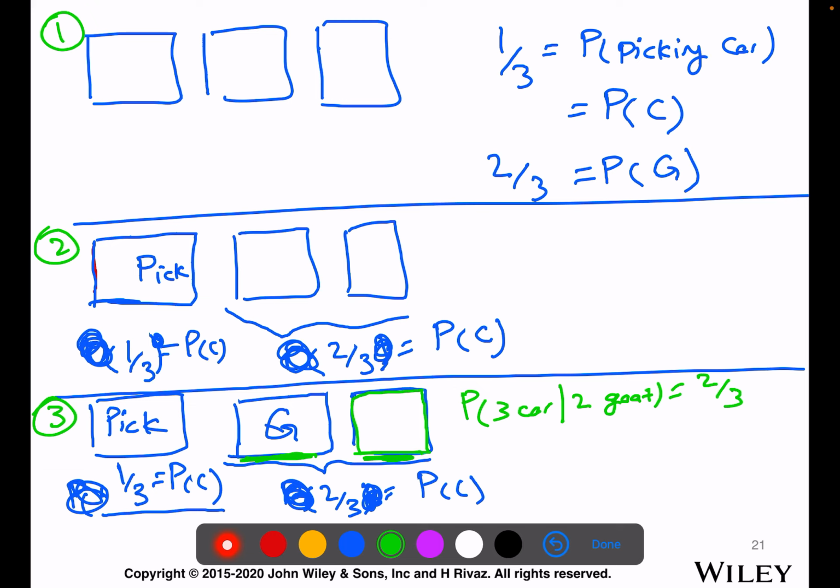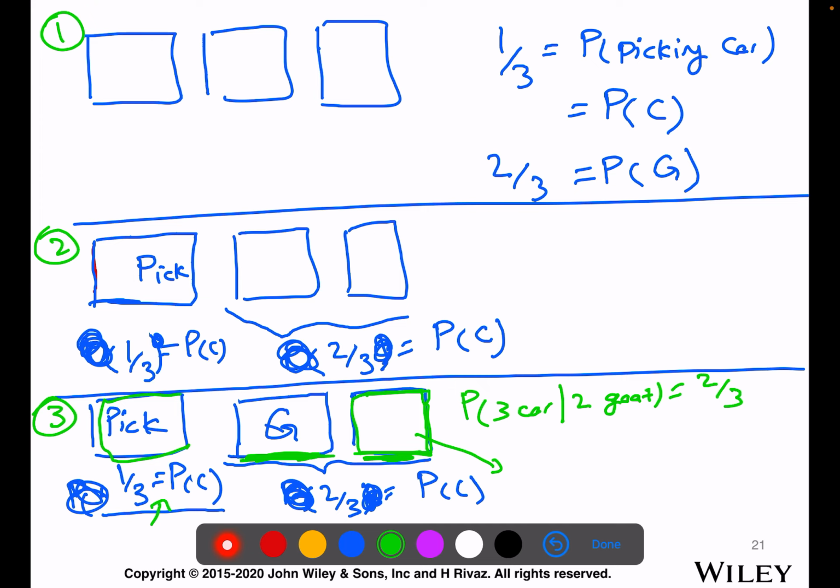Even though you have a conditional probability, that wouldn't change it to 50-50, which some people would assume. Basically, the argument is that once you reveal that this door has a goat, this probability increases to half, and this probability also increases to half, so either this door has the car or that door has the car with a probability of 0.5.